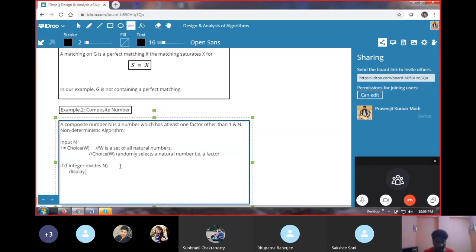Immediately I can display that n is a composite number, and it's a success. And if it is not true, then it will come to this line and will execute failure.